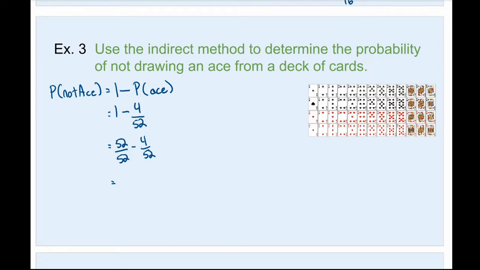So we get the probability of not getting an ace is 48 over 52, which we can reduce to 12 over 13, or a decimal of 0.923, or 92.3%. So there's a 92.3% chance of not getting an ace. And again, that's the indirect method that we just did.